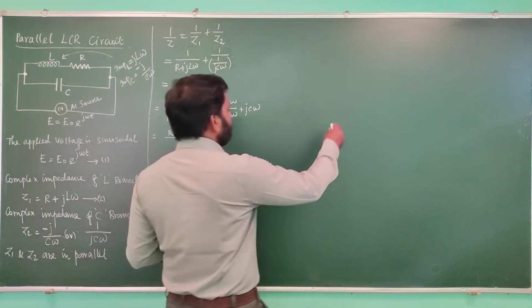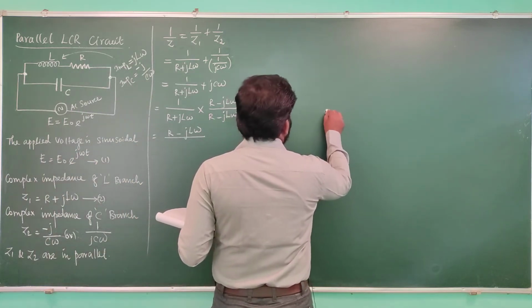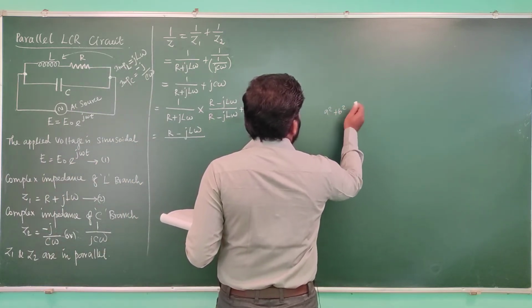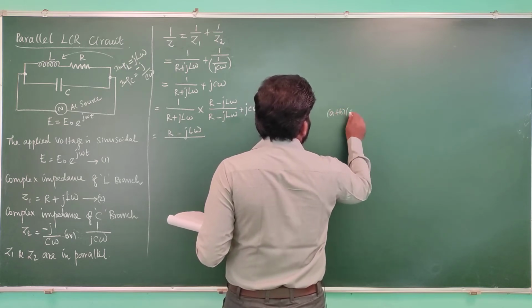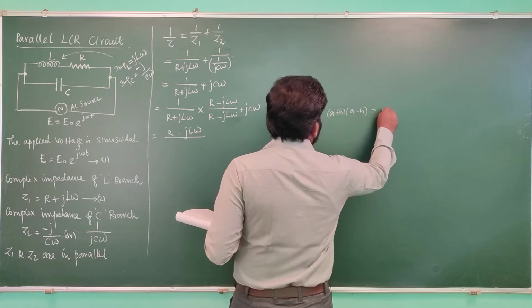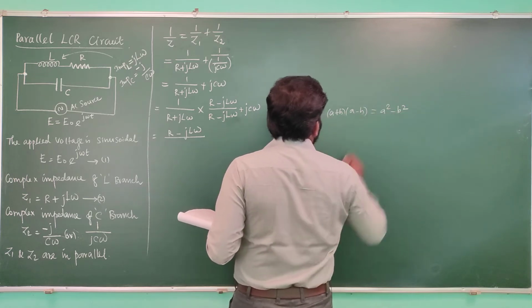And let me write it for your clarity. A plus B multiplied by A minus B is equal to A square minus B square.